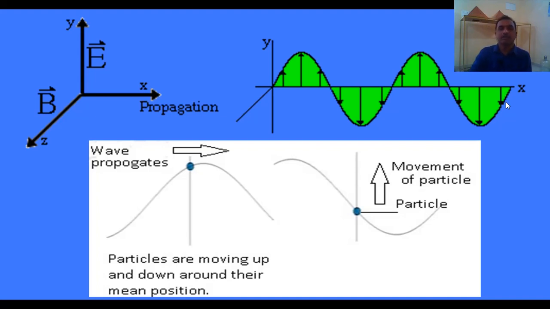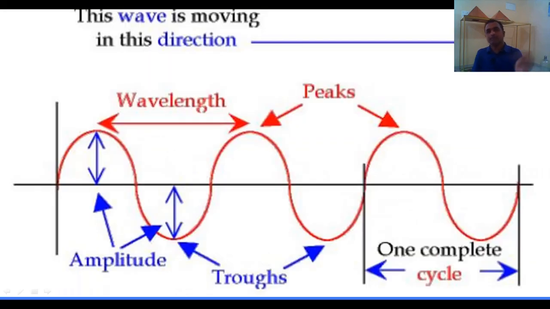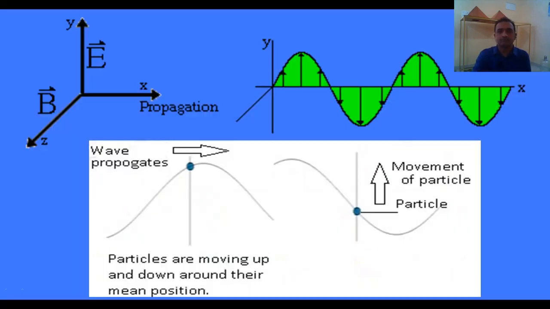That is why, whenever the electric field goes up, the crest is formed. Whenever the electric field goes down, the trough is formed. When the magnetic field goes down, the trough is formed. Like that, the wave is formed due to the vibration of the particles.